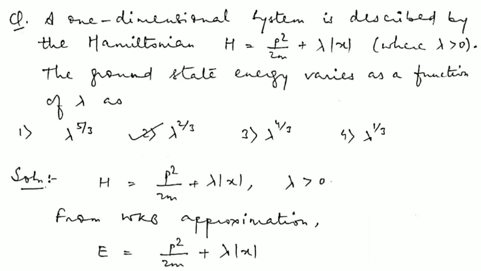So in quantum mechanics, what we generally do is to solve the Schrödinger equation once we know the Hamiltonian of the system. So if you know the Hamiltonian of a system, you can solve the Schrödinger equation to get the possible energy eigenvalues the system can have.